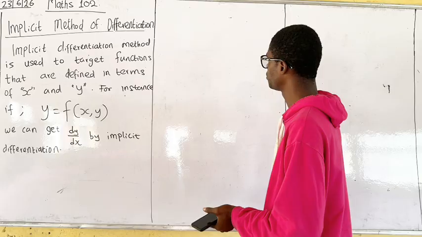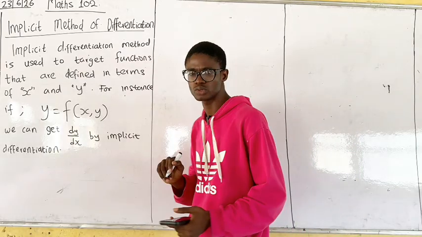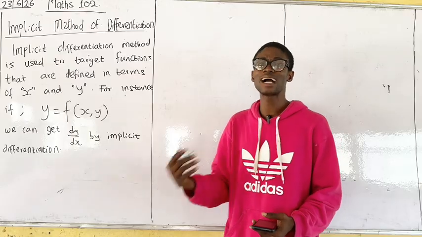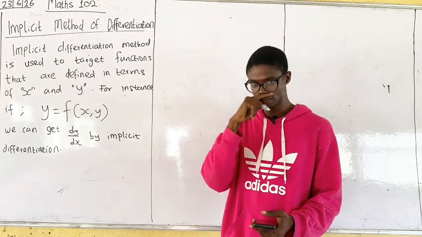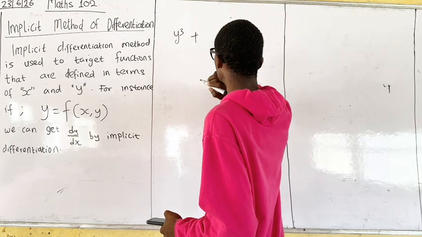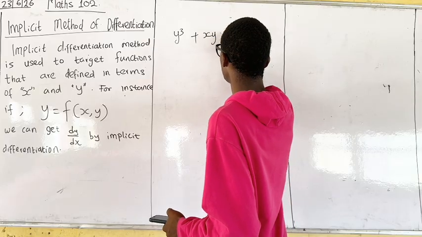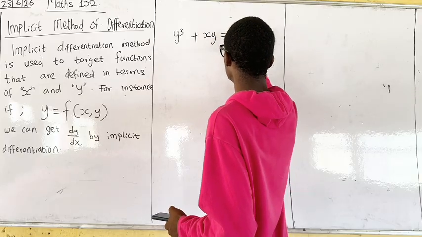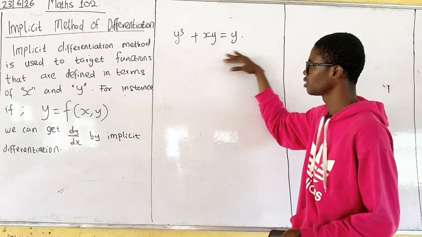So we can have an example. But before we go into these examples, there are also some functions that look as if you can't express them, but actually you can. Let's see a function like this. If I have y cubed plus xy equals y, this function looks quite scary, as if it can't be expressed.